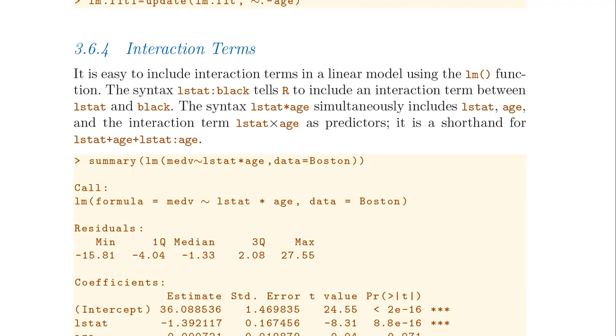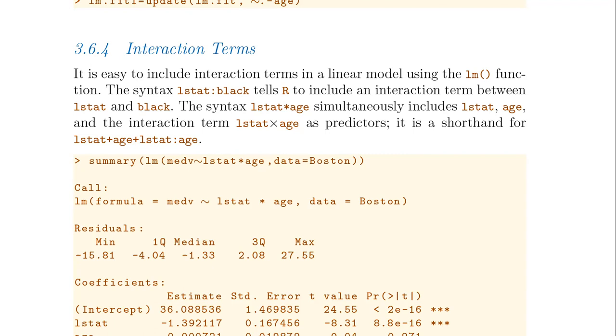It's easy to include interaction terms in a linear model using the lm function. The syntax lstat:black tells R to include an interaction term between lstat and black.